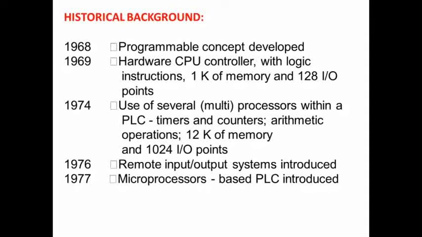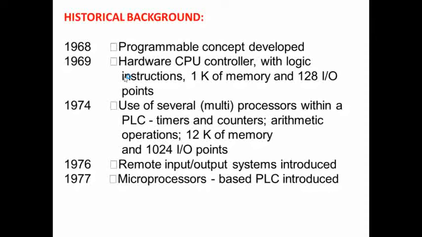Also, it should be reusable. Such a control system would reduce machine downtime and provide expandability for the future. Some of the initial specifications were that the new control system had to be price competitive with the use of the relay system.